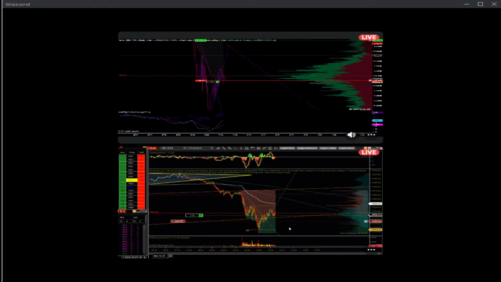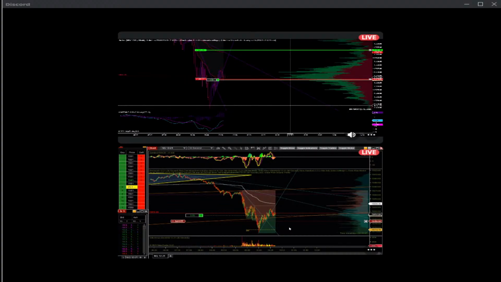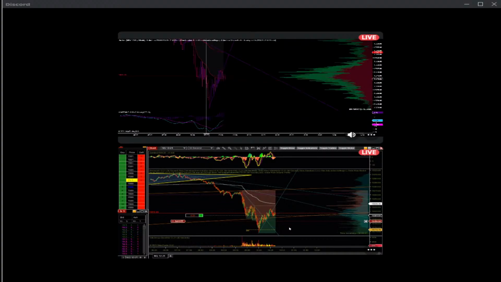Like real time said, it's very choppy. So I hate playing choppy. I'd kind of like this level a little bit better for that shoulder, though.